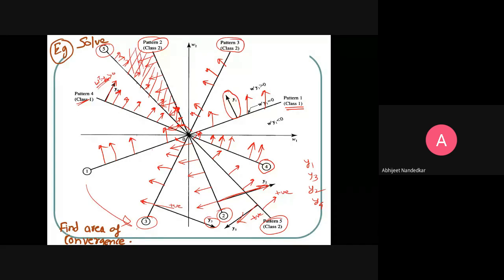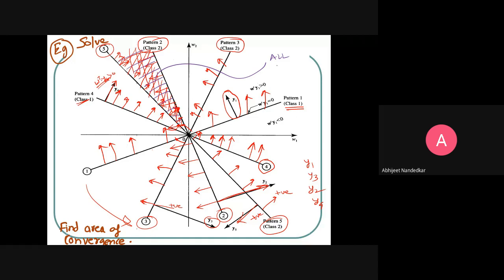If your weights are within this zone, all patterns are classified correctly.